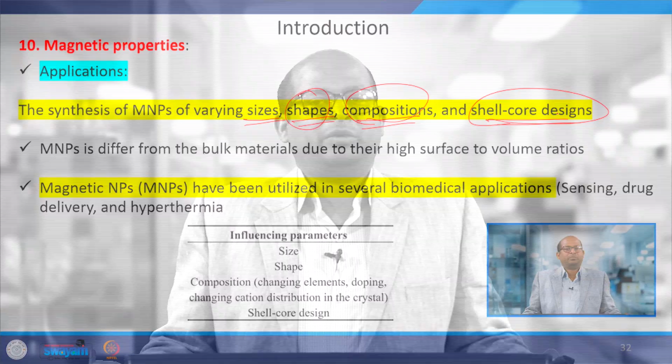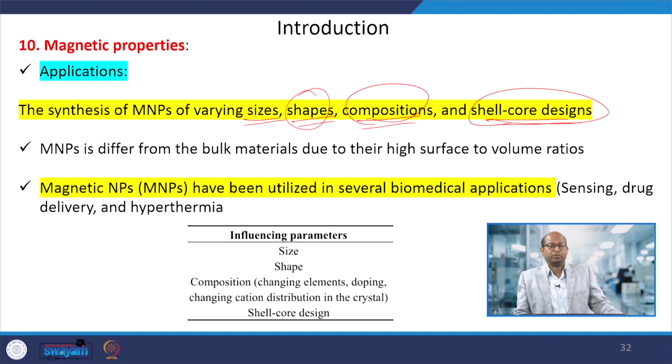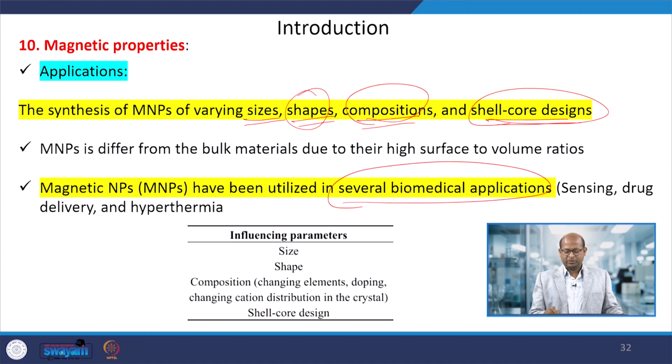Core-shell design also affects it. Say we have used a metal oxide and coated it outside with silica or any other material, then its magnetic property will change. These magnetic properties of nanomaterials can be applied in many ways: sensing, drug delivery, hyperthermia, many biomedical applications. So the influencing parameters are size, shape, composition and core-shell design.